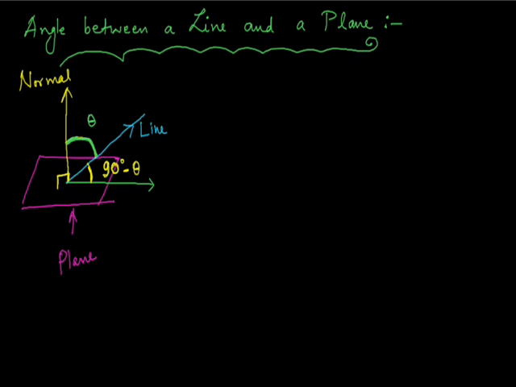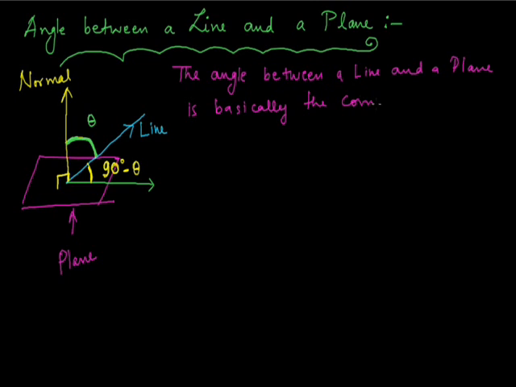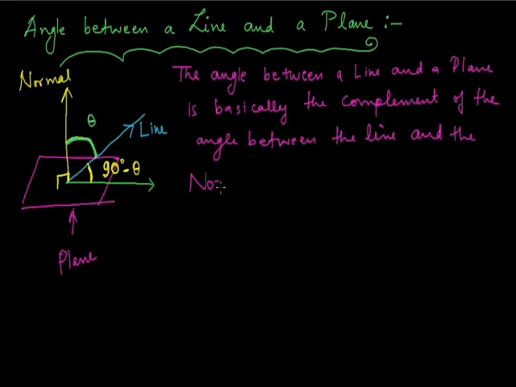So from here you can conclude that the angle between a line and the plane is basically the complement of the angle between the line and the normal to the plane.